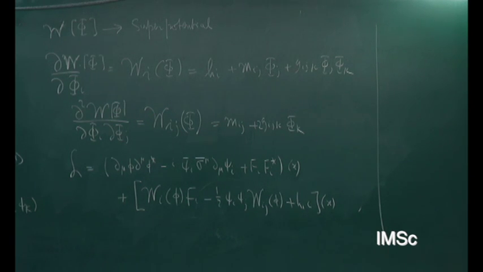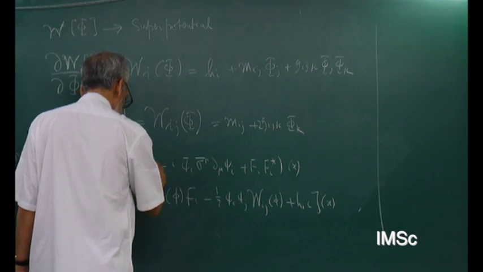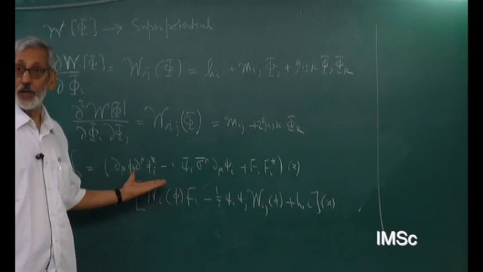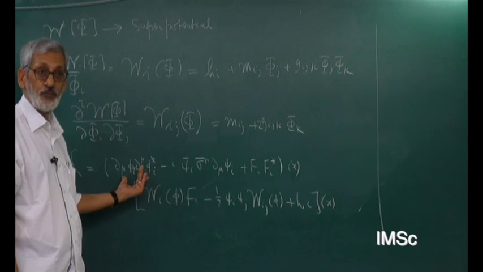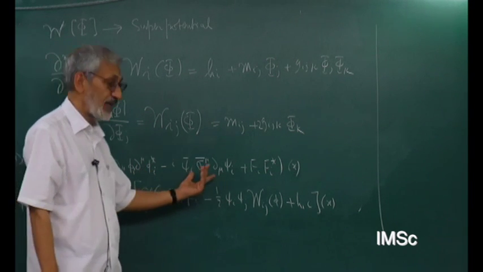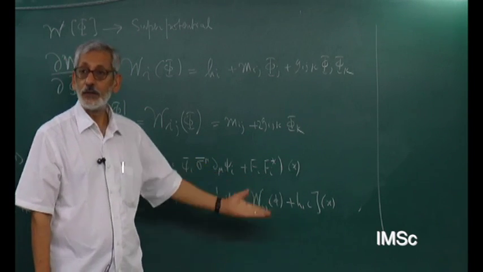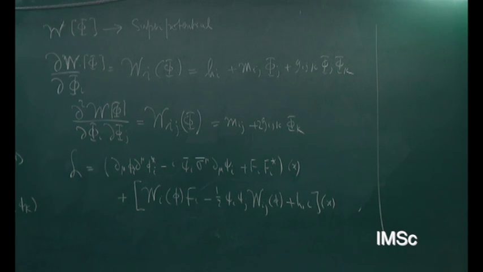Now clearly in this Lagrangian, phi's are dynamical fields because they have kinetic energy. Fermions are dynamical, they have kinetic energy. F fields don't have any kinetic energy in the Lagrangian.